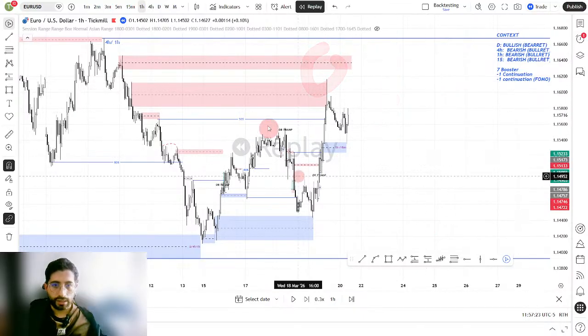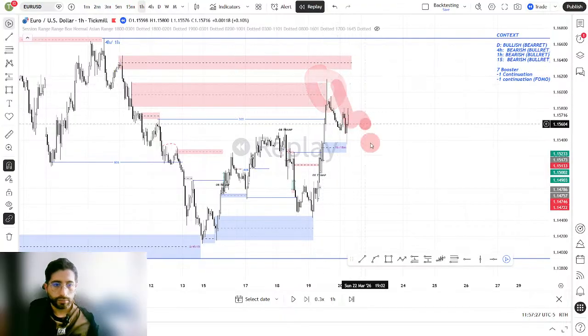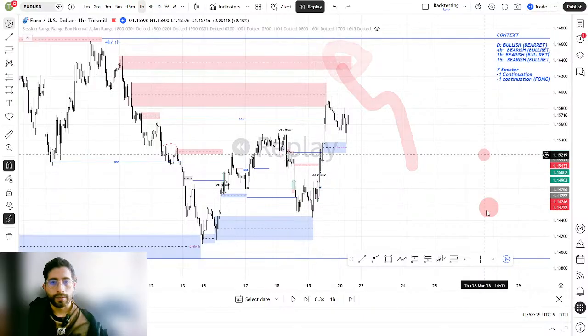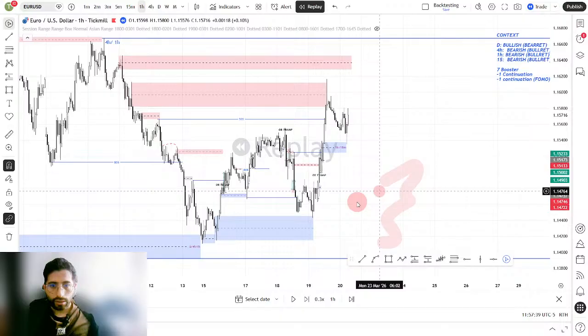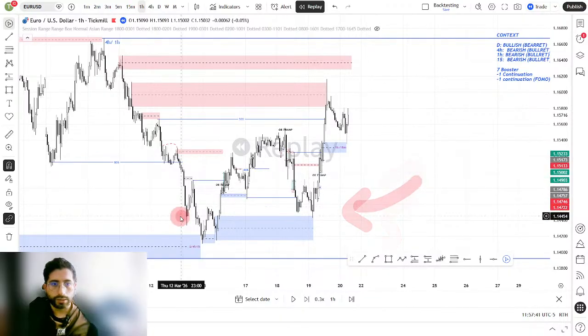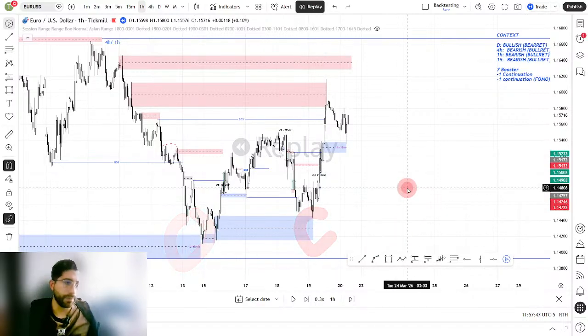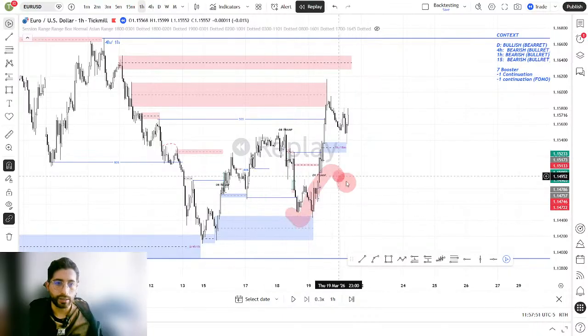And as you can see, once the price hit this order block, it went down because it's a discount order block, right? And what I'm expecting is when the price gets to this order block, it goes down as well. Now, if you look at these order blocks that I marked here, the blue ones, when the price got to this order block, those were premium order blocks. It means these order blocks were valid, and that's why the price continued pushing up.